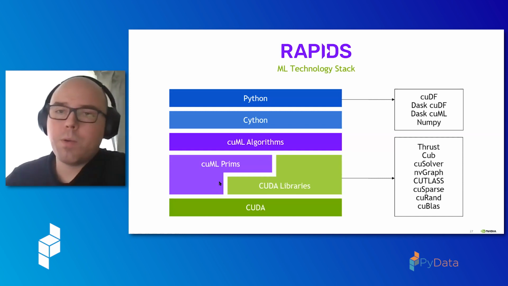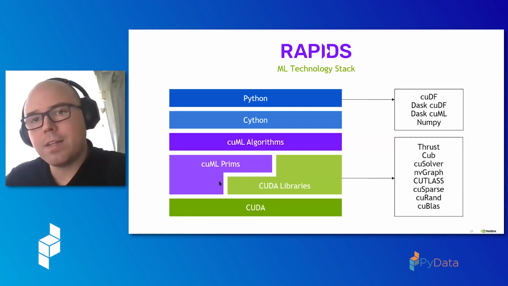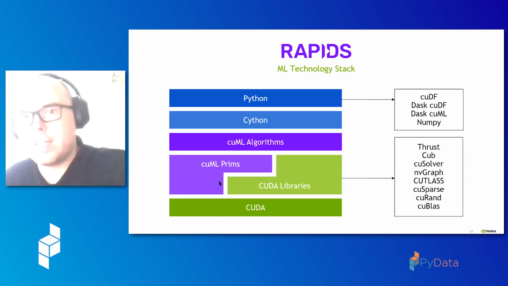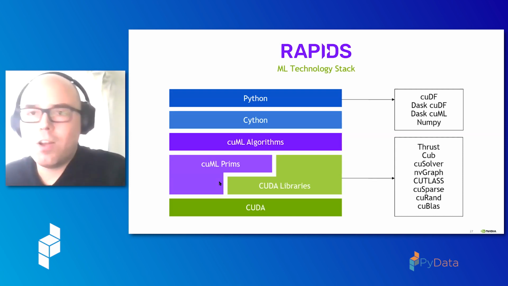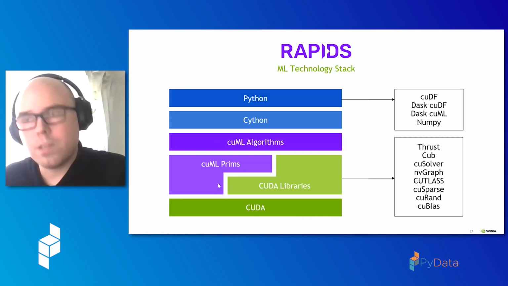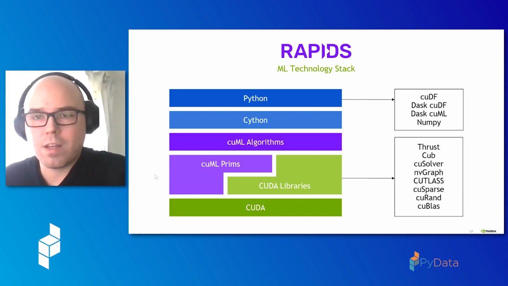Bear in mind, migrating machine learning libraries is much more difficult than migrating the data loading libraries, in the sense that a lot of algorithms in this space are not inherently parallel. So in a lot of cases, we had to reinvent their implementation.